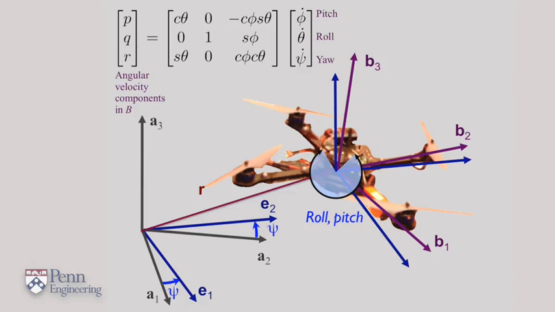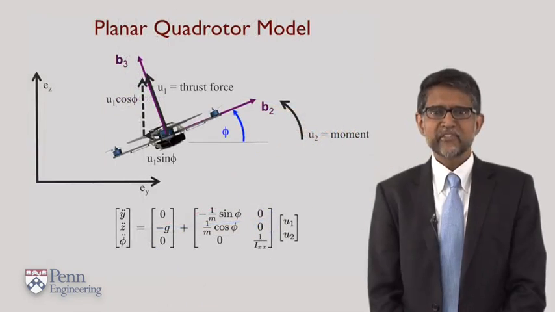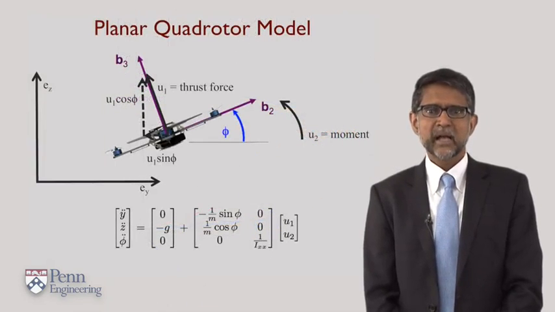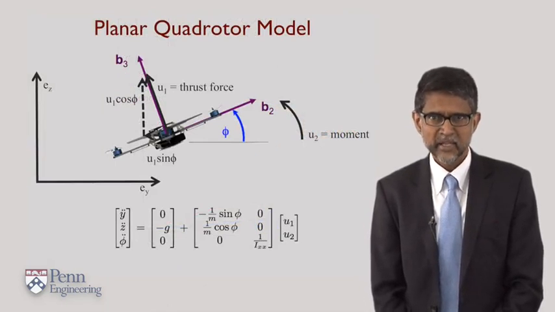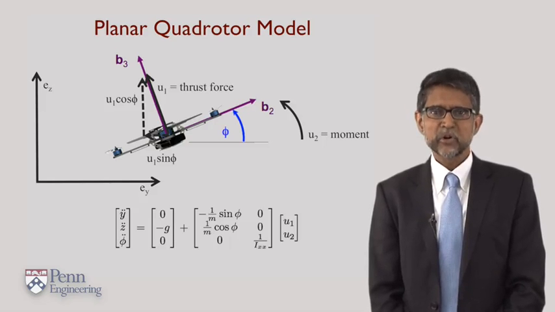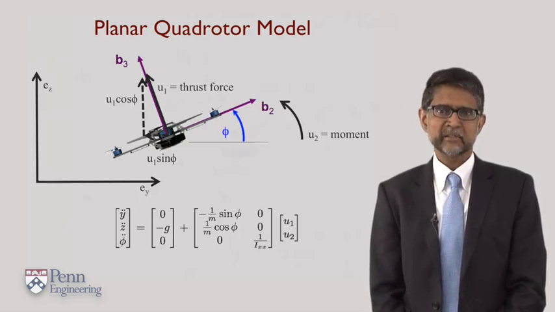It involves three components of position, velocity, and acceleration, three components of rotations, angular velocities, and angular accelerations. To get a feel for the control problem, I'd like to first look at the planar version of this model. So we'll look at the equations of motion in the YZ plane.